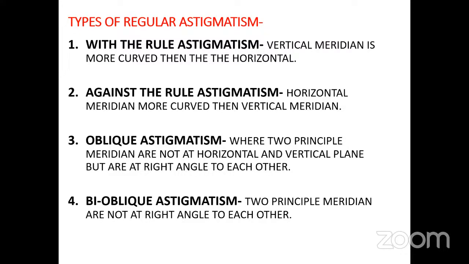K1 is the vertical axis and K2 is the horizontal axis. Okay, and what is the axis given there in the keratometer? You have seen autoref K?